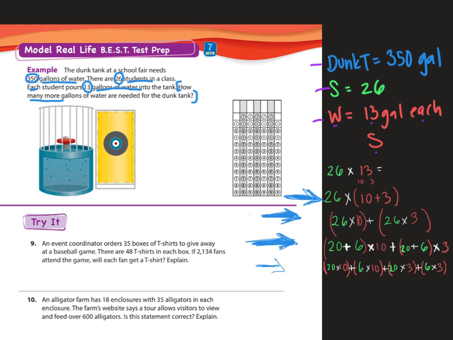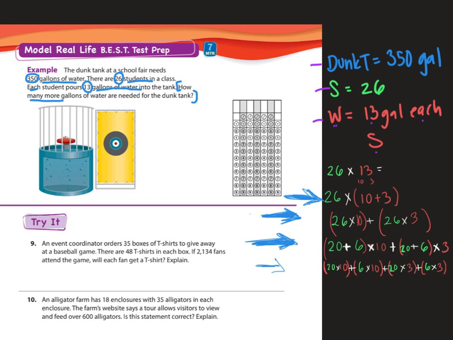So now that I distributed the 10 and the 3, I have 20 times 10, 6 times 10. And I have 20 times 3, 6 times 3. I have to solve all of those multiplication problems and add the products together to find my answer.